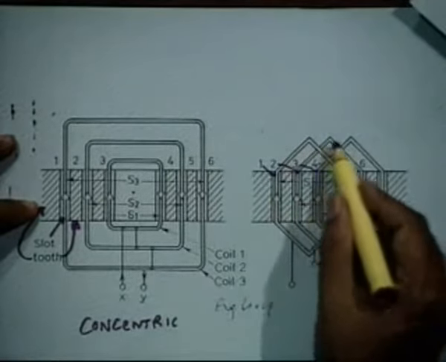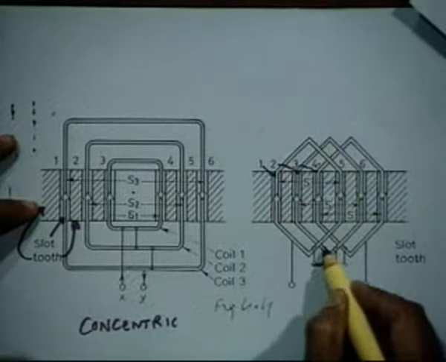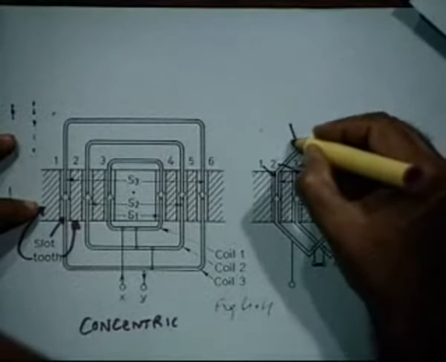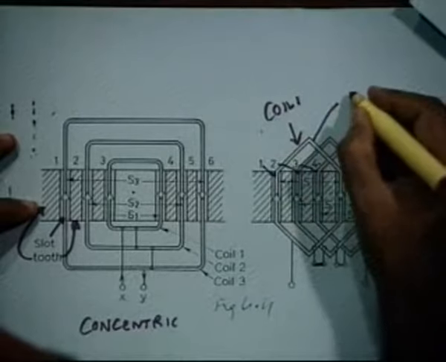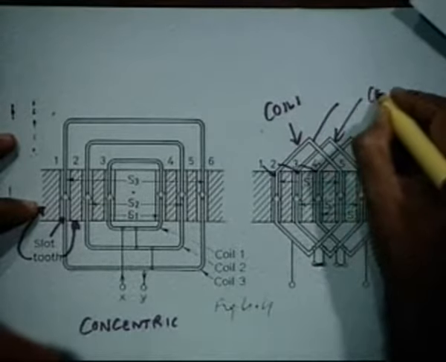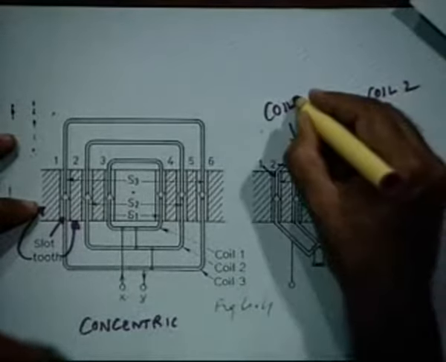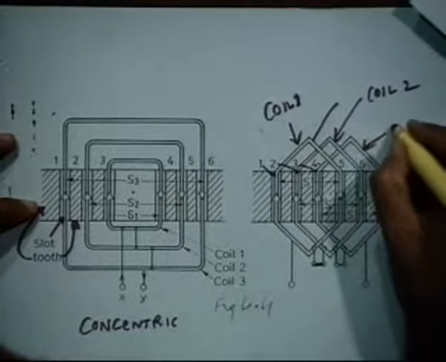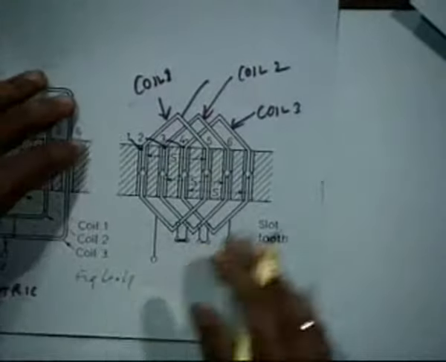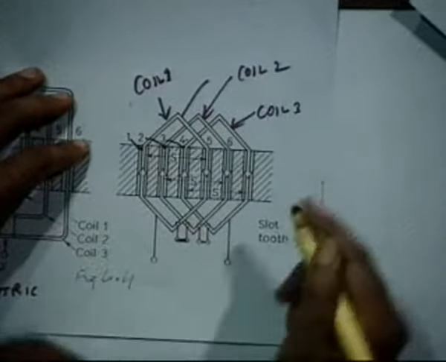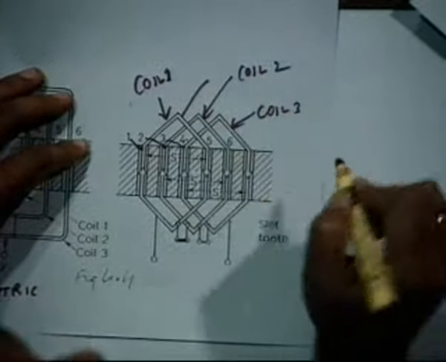After one coil it jumps to the second coil. So we will say this is coil 1, this is coil 2, and this is coil 3. Okay, so let's concentrate on this: coil 1, coil 2, coil 3.